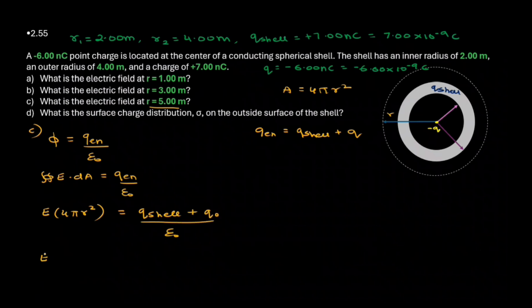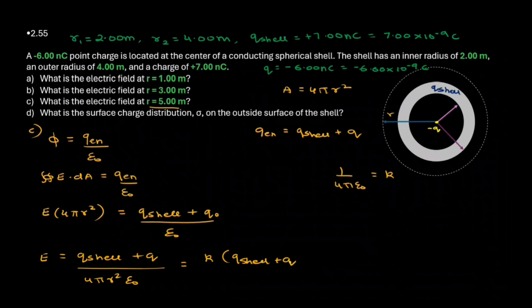Again, divide with 4 pi r squared to get E. So that becomes equal to Q shell plus Q at the center over 4 pi r squared epsilon naught. We know that 1 over 4 pi epsilon naught is K, the Coulomb constant. So we will replace 1 over 4 pi epsilon naught with K, Q shell plus Q over r squared.